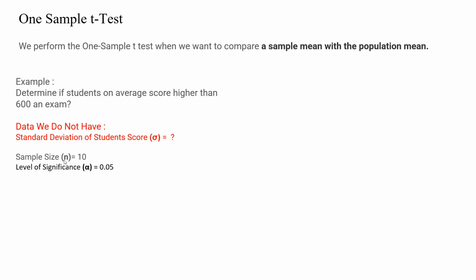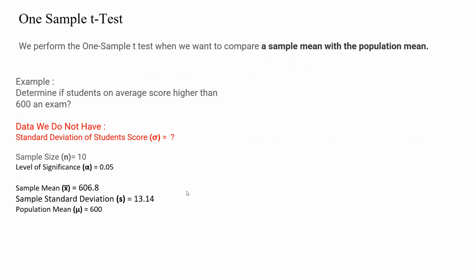Let's say we have a sample of 10 students, and we got their marks, the level of significance, let's say 0.05, the sample mean and the sample standard deviation. Earlier we used the population standard deviation, but here we calculate the sample standard deviation. Let's call it S, and this is the population mean against which we are comparing our sample.